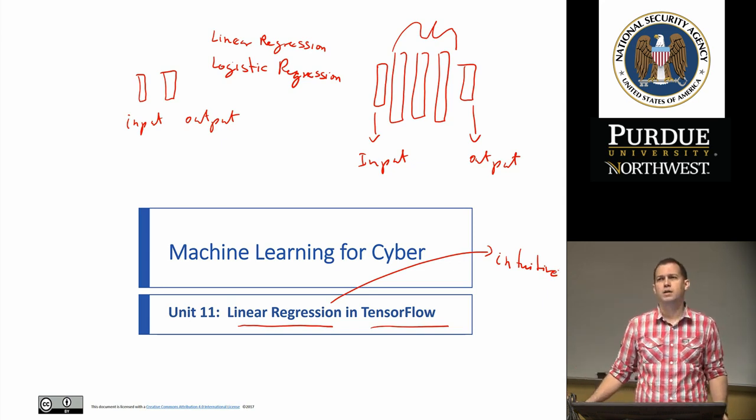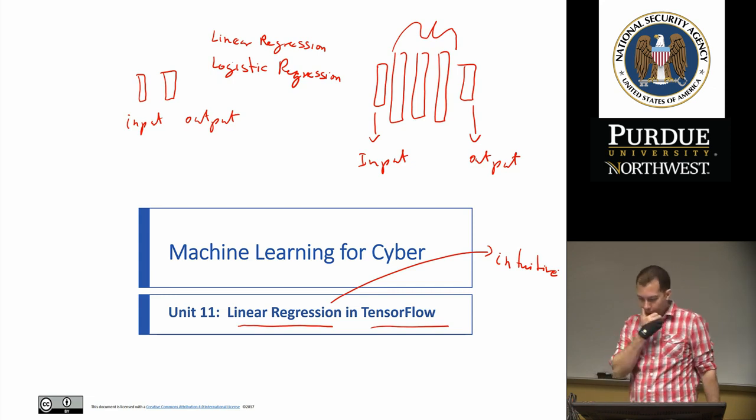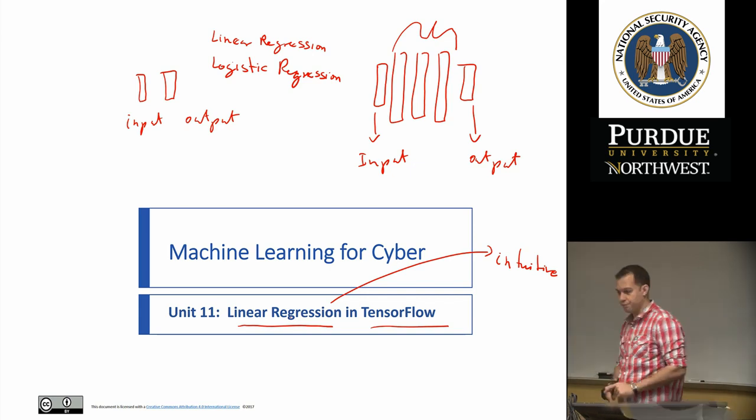The goal is that by understanding linear regression, we can then better understand logistic regression, and then from there we can better understand neural networks and deep neural networks. So today we will go over the lecture on this topic, and then later on we will do a lab assignment where we implement the actual linear regression code on our computer using Python and TensorFlow.